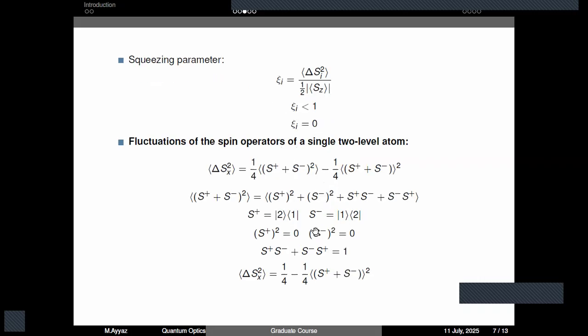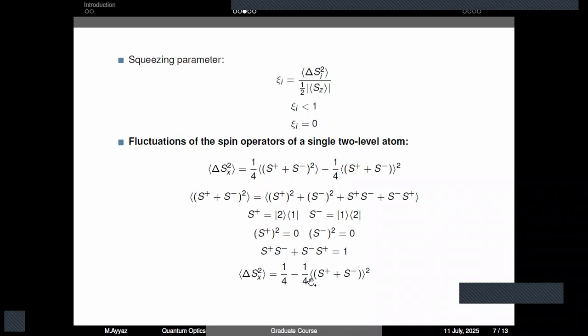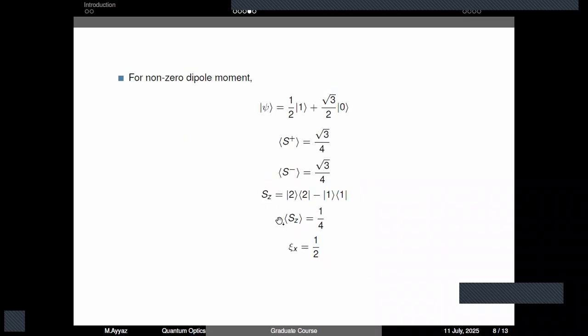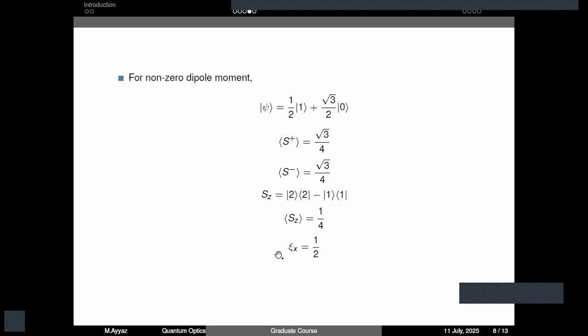So plugging these values in this expression, and then plugging the value of fluctuation or variance of spin x component in this parameter, and also plugging in the value of expectation value of the inversion of population in this expression, we are going to have this value.